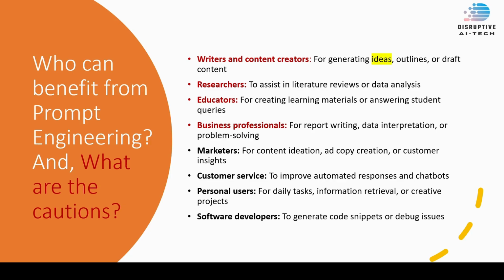For marketers, customer service, personal users and software developers, they are going to use the content generated by the AI system by themselves. They do not have to provide it to the audience. Suppose a software developer is creating code, that code he does not have to provide to anyone. Only he has to be cautious whether the code is correct or not.